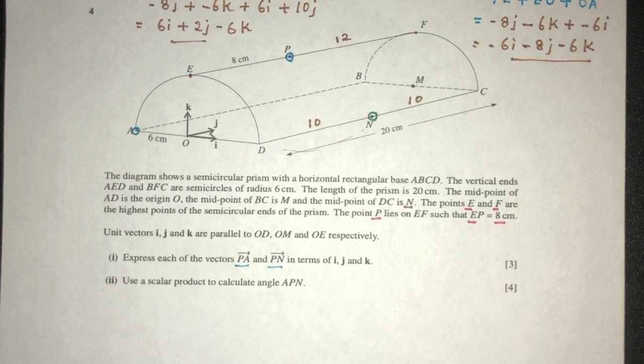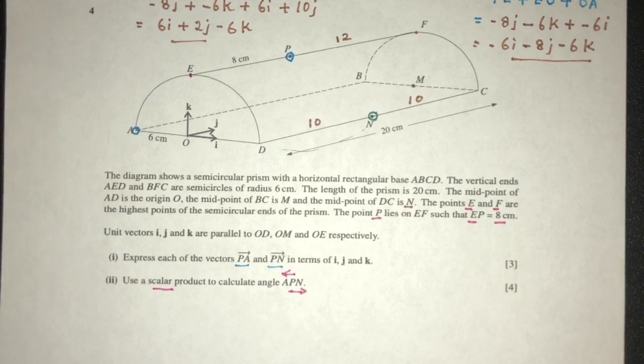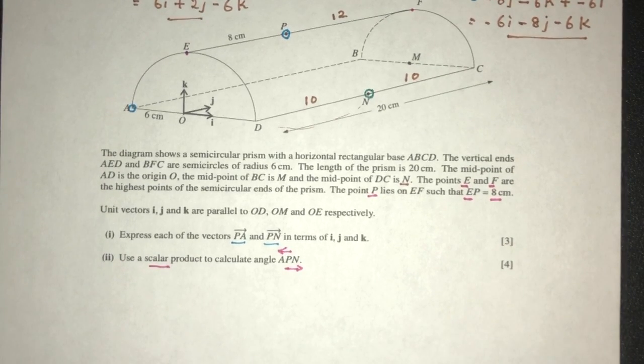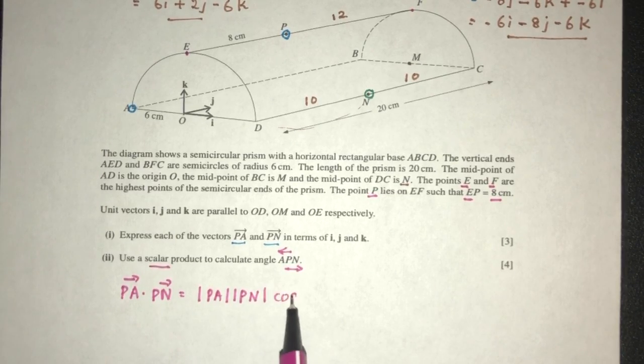Now moving on. We have to use the scalar product to find the angle APN. So from P, this, and this. Now we have all the vectors we need already. We just need to use the formula we know for finding the angle, which is PA dot PN, equal to the magnitude of PA times the magnitude of PN times cos of the angle APN.